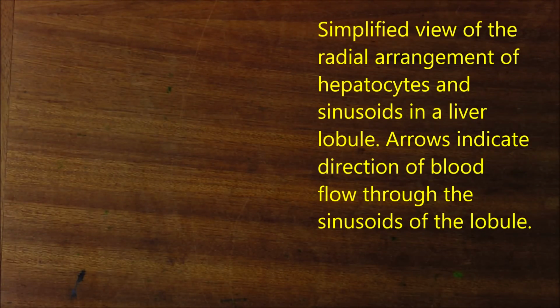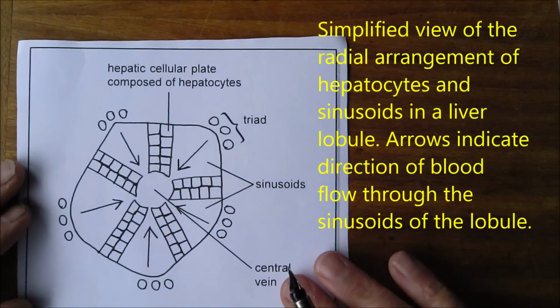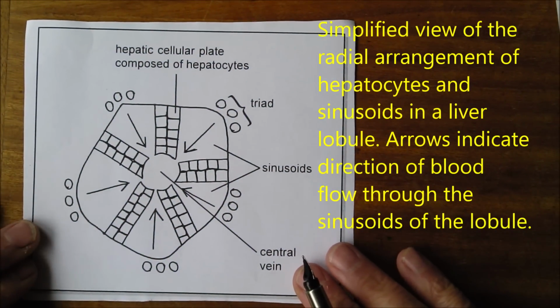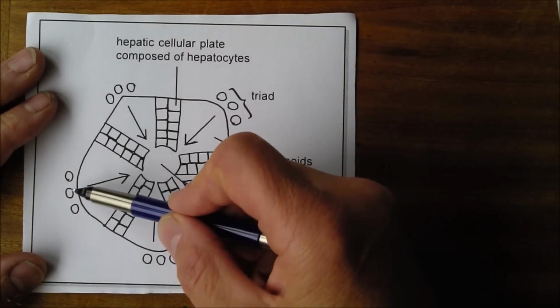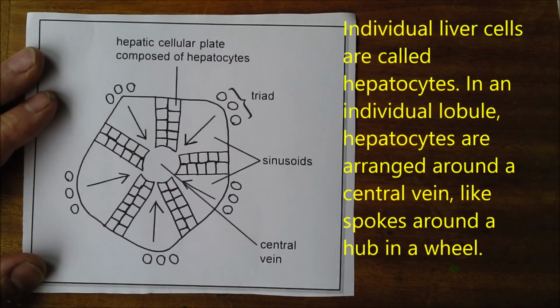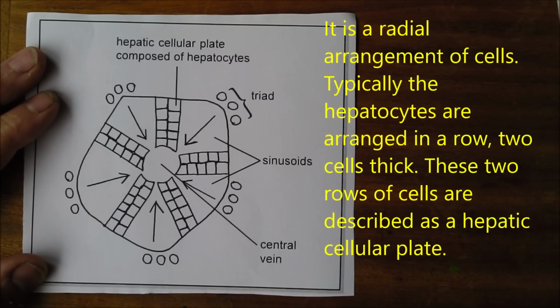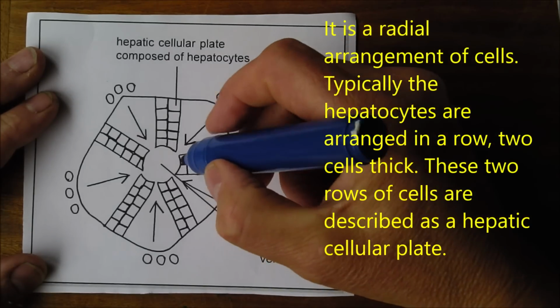Now if we look at a single hepatic lobule, so this is one lobule we're looking at here, we see it's made up of hepatic plates. Now the hepatic plates are made up of individual hepatocytes.